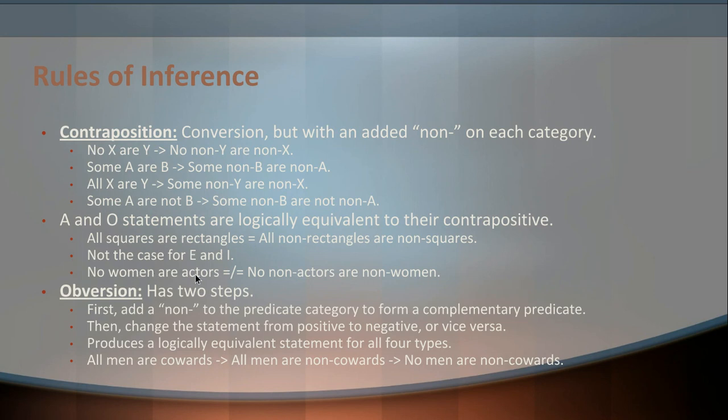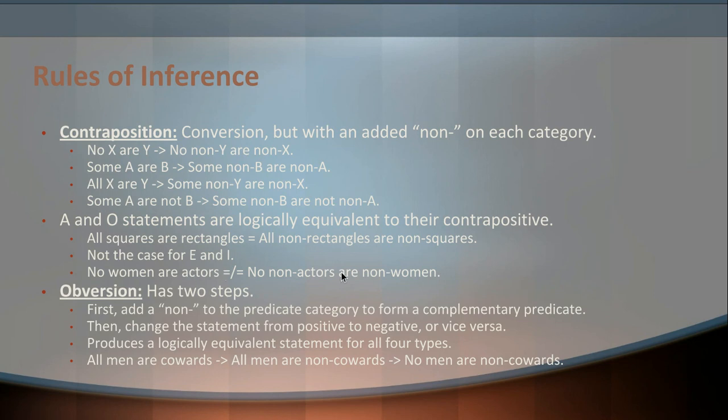No women are actors. Okay, let's say it's true. No non actors are non women. So there are no non actors that are not women. That is, women have to do every other non acting job. Well, that's obviously not true.